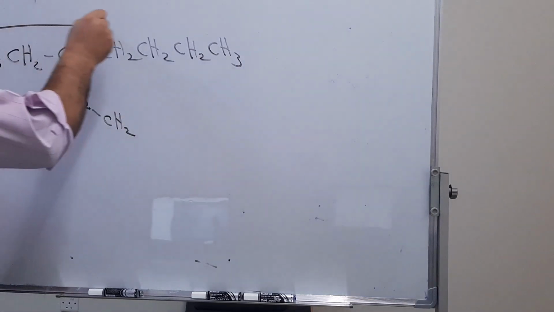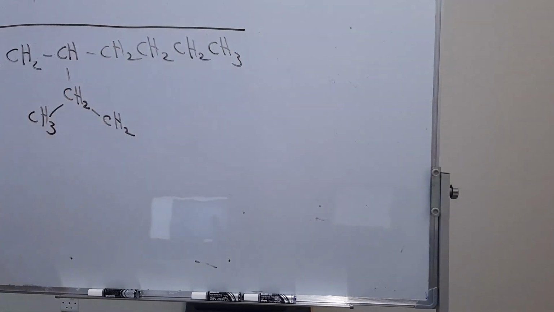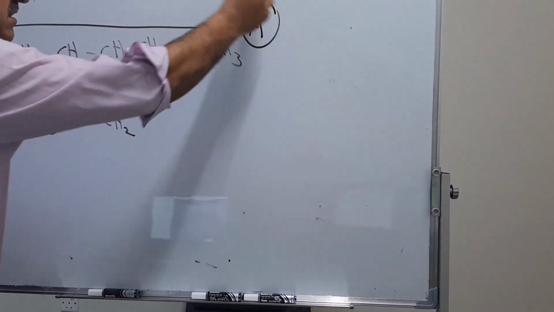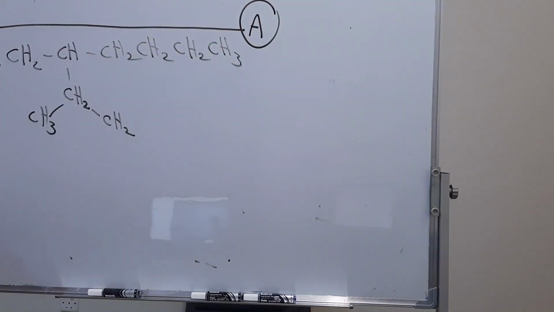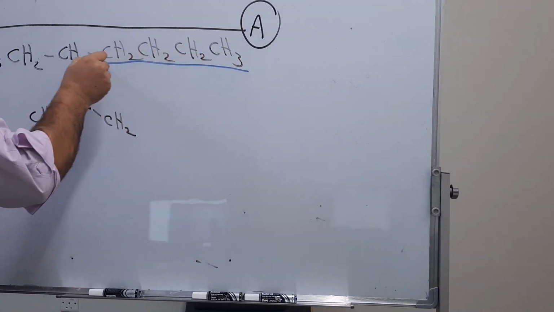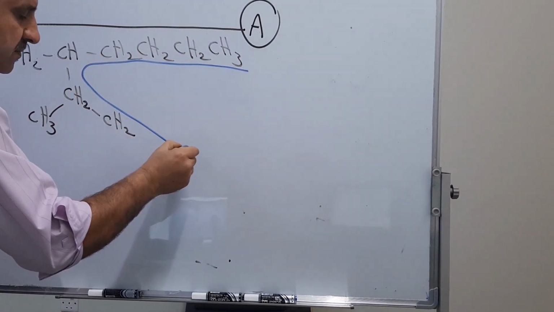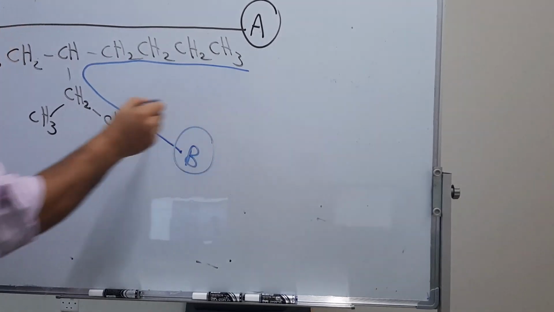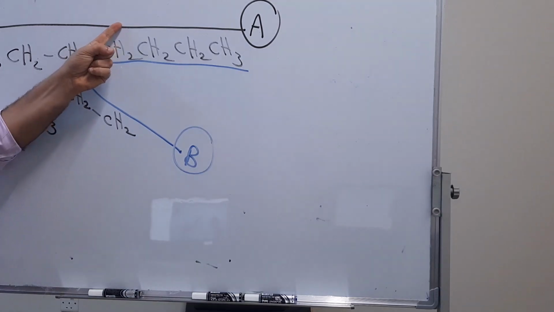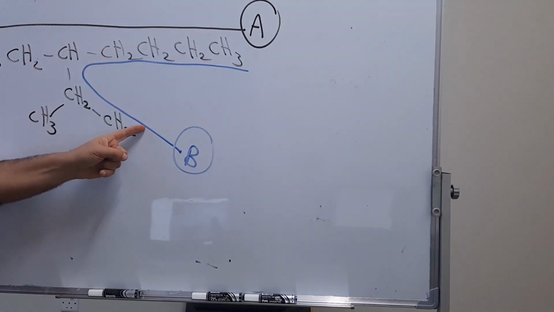We have one option, this straightforward one, isn't it? So let's say this is A chain. What other possibility? This could be this one. So this is B chain, isn't it? So as you can see, A is 7, B is again 7.